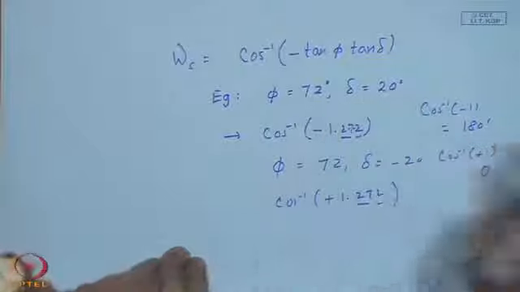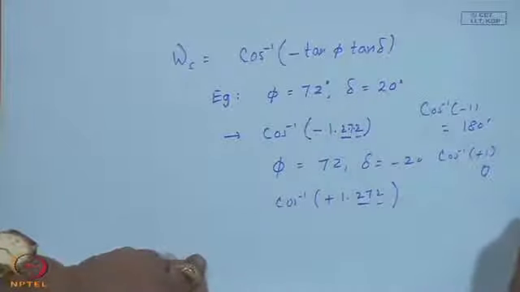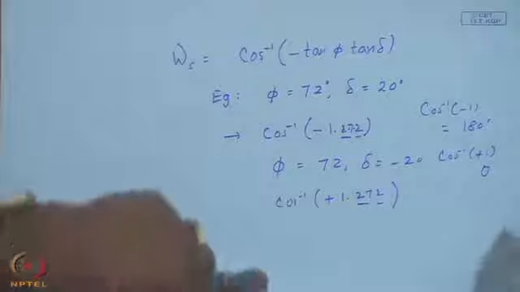But this is a real situation. There are people at 70 degrees latitude also, and declination is there, right. Somewhere we are making a mistake. Nothing wrong in this equation as such, but then we are unable to calculate because cosine inverse is not defined.